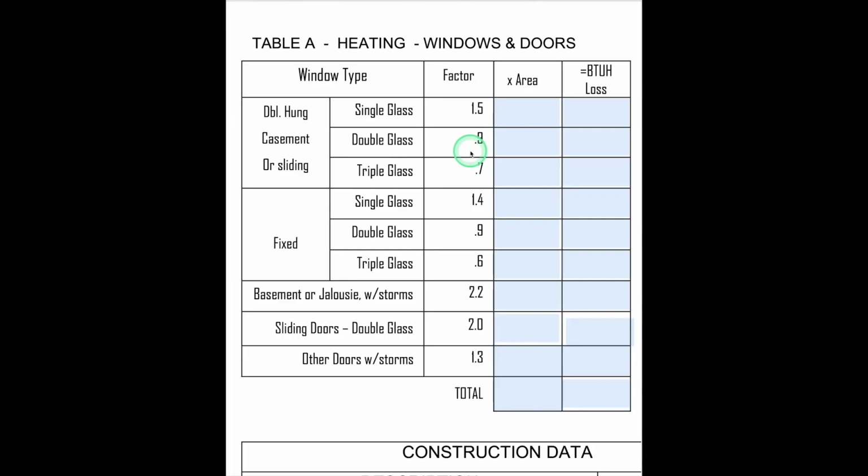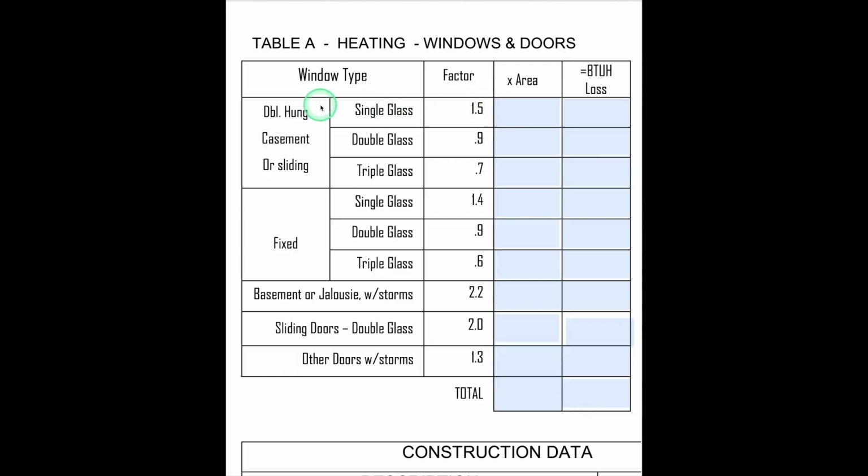And windows are a big place where we lose heat in the wintertime. So as we double the glass, we also increase the energy efficiency where we hold more heat in the house. As we remove glass from the window, it becomes less energy efficient, where more heat is able to escape.